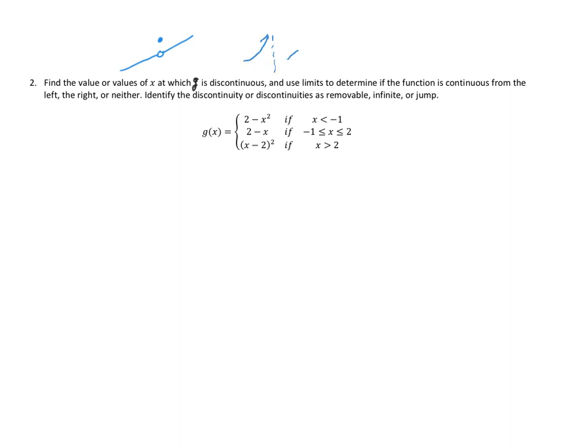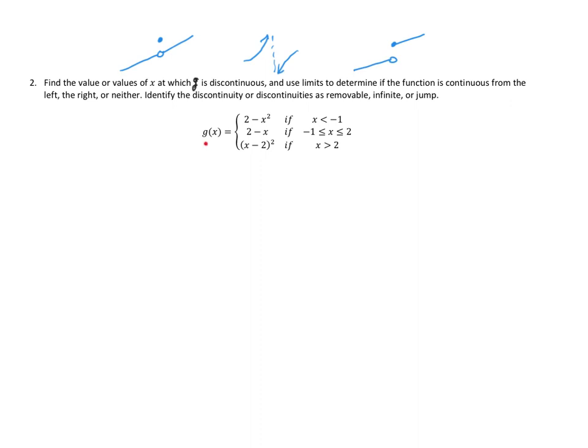Maybe it's going up on one side and down on the other. So this is an infinite discontinuity. And then lastly, this jump discontinuity means you have a split in the graph. The graph actually jumps either up or down. So not just a hole, but an actual break in the equation itself. Here are 3 different types of discontinuities.